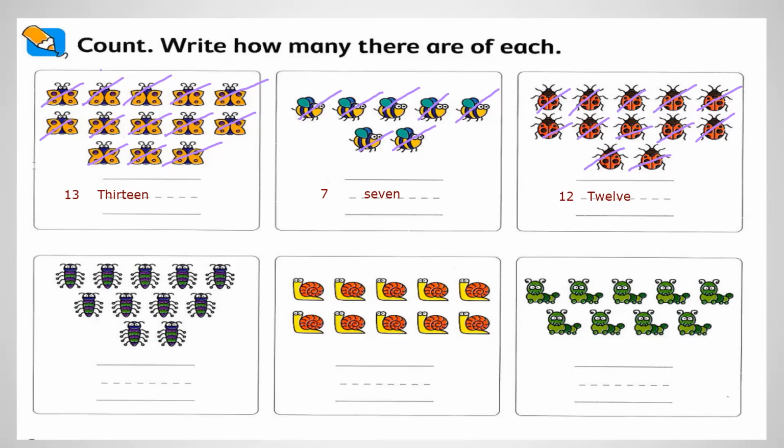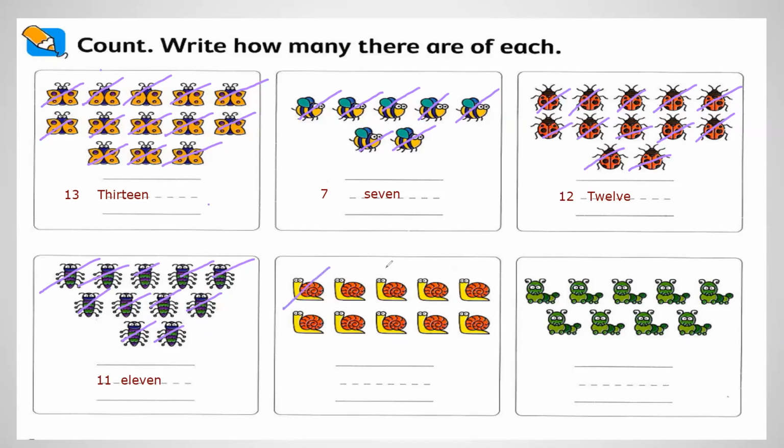The next one, let's count together. 1, 2, 3, 4, 5, 6, 7, 8, 9, 10, 11. And 11 is written as E-L-E-V-E-N. 11.